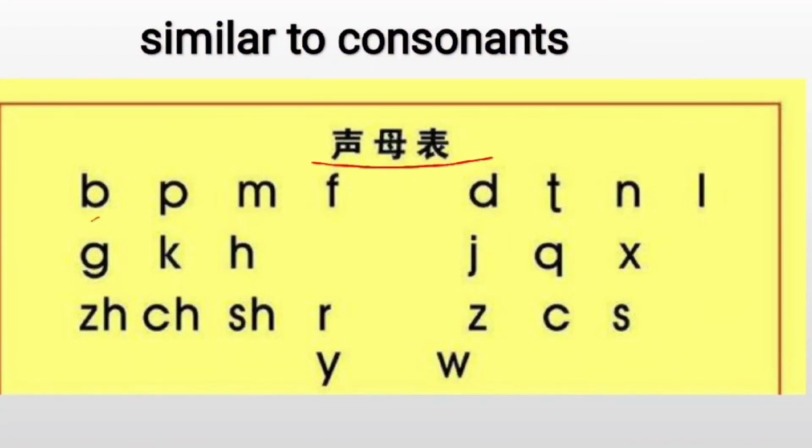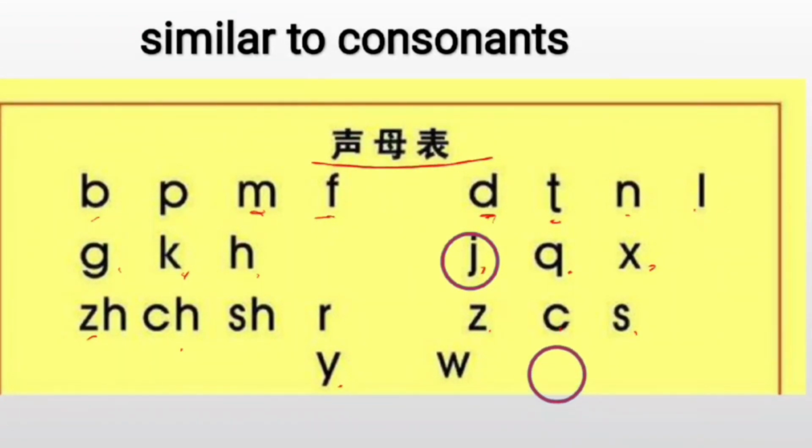B, P, M, F, D, T, N, L, G, K, H, J, Q, X, J, Ch, Sh, Z, Z, C, S, I, U. I'm not sure whether you noticed, but there are a few different sounds. In English, it may sound like J, but in Pinyin, the sound of it is Ji, Ji.